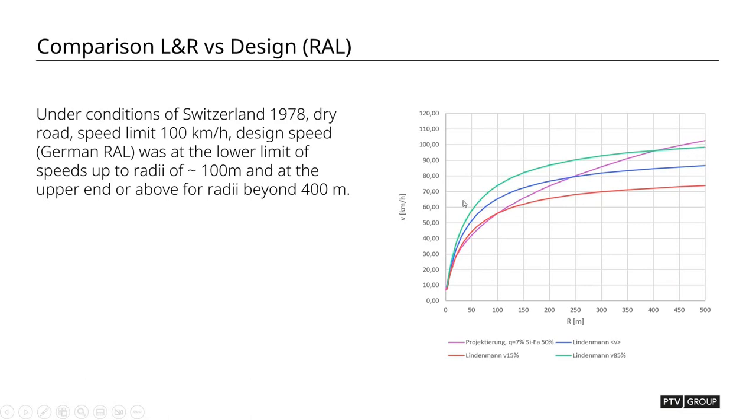It's not the case that those people who design the roads assume that people follow their design speed function, but just the functions are different. The design speed function, depending on radius, is different from what people really drive on a road. And for certain radiuses, they drive faster, around 50 to 100 meter, and then they are getting more and more in the safety range.